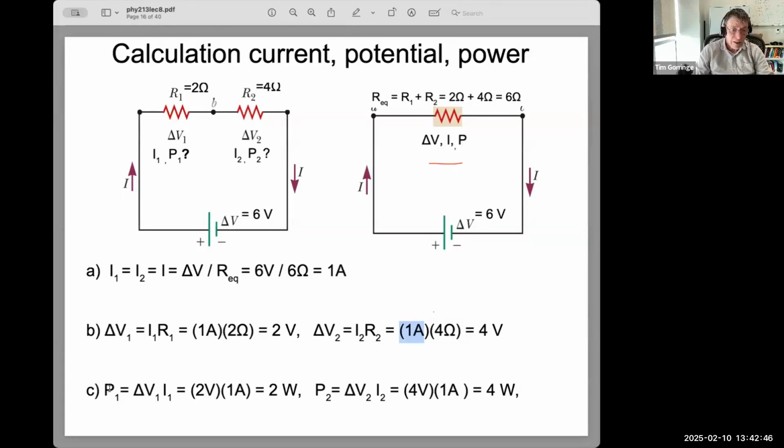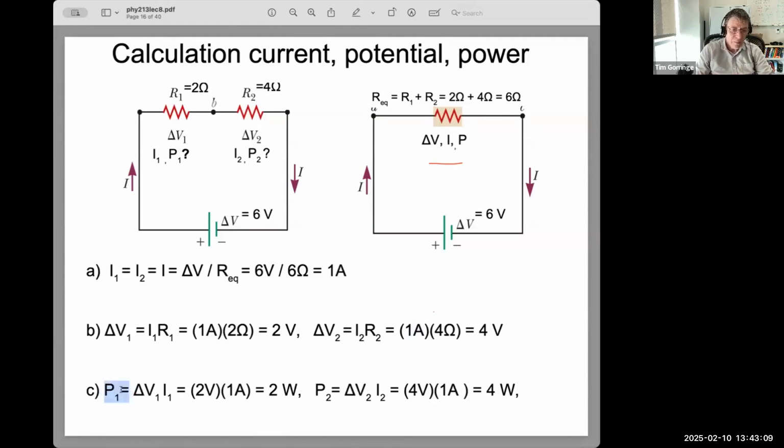Now we can calculate the power that's dissipated by the first resistor and the second resistor. Remember, they are dissipating energy, they're dissipating power. They're getting warm as the electrical currents flow through them. They're turning electrical energy of the flowing current into thermal energy of the jiggling around electrons in the resistors.